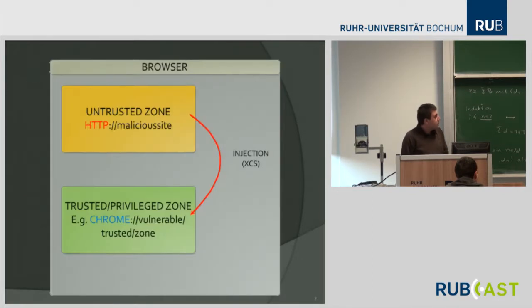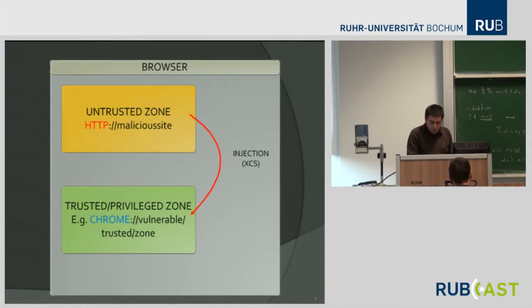So this is a very simple diagram. I don't know how to design diagrams; I just did this in a few minutes, but this is what I just tried to explain to you, in one picture. You go to a malicious website. The malicious website tries to inject something which will be rendered in a trusted zone. That can be the Chrome privileged trusted zone, or other zones.